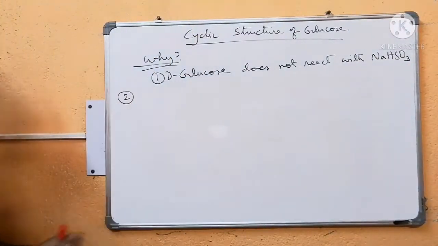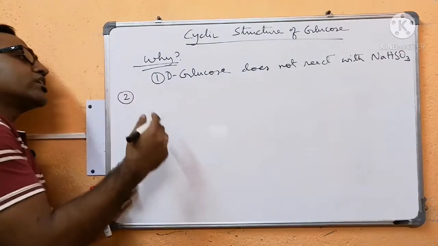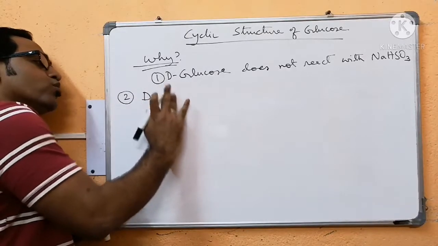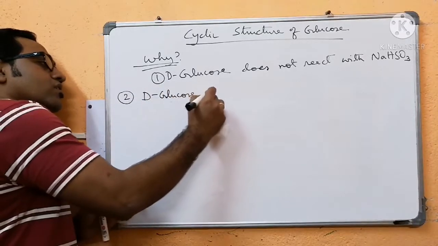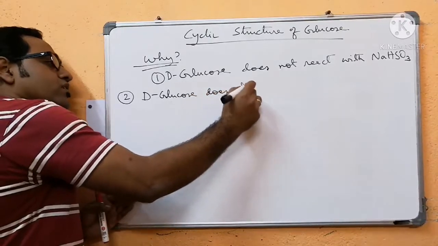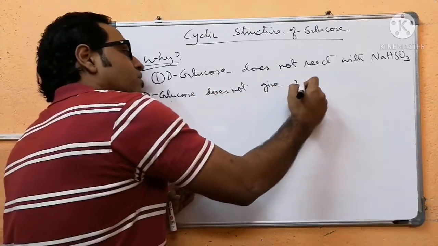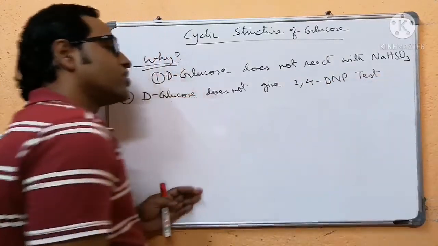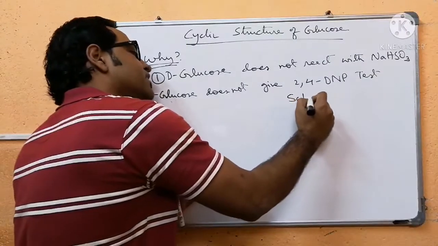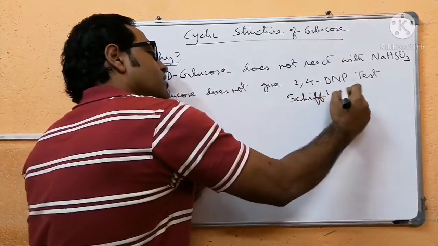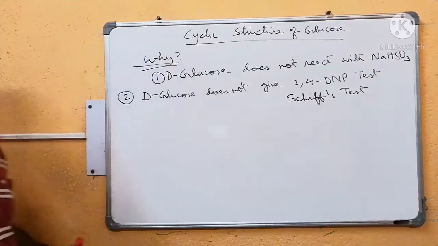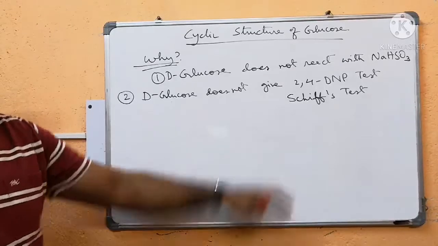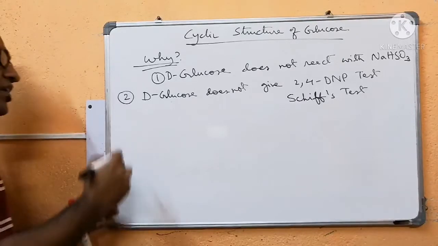Second point, D-glucose does not give the 2,4-DNP test, or even the Schiff's test. The 2,4-DNP test is specific for carbonyl compounds, whereas Schiff's test is specific for aldehydes.